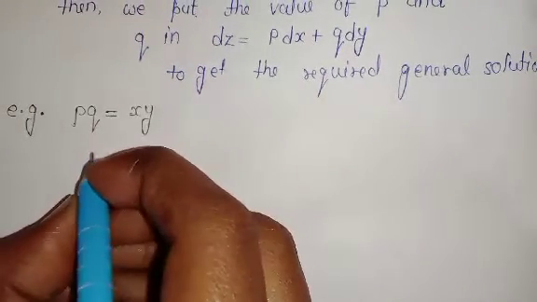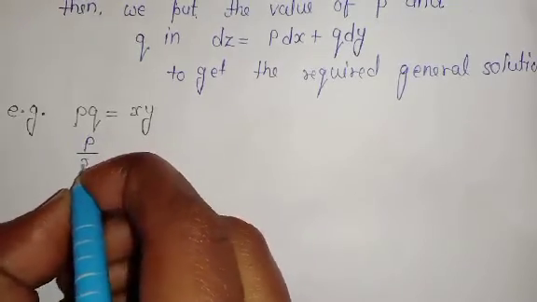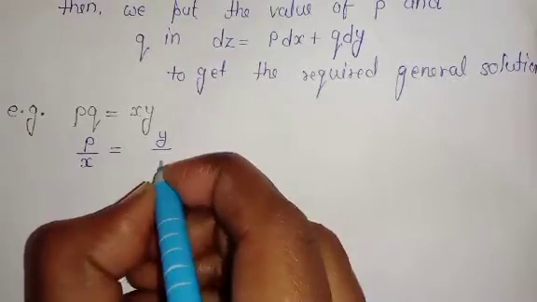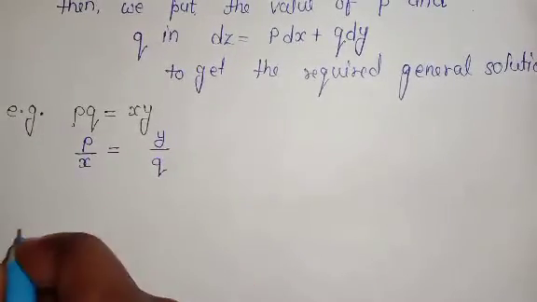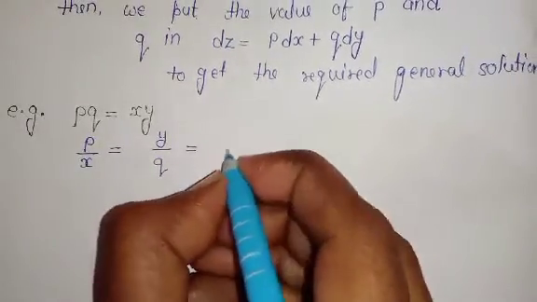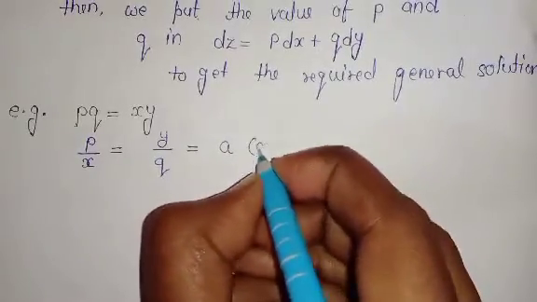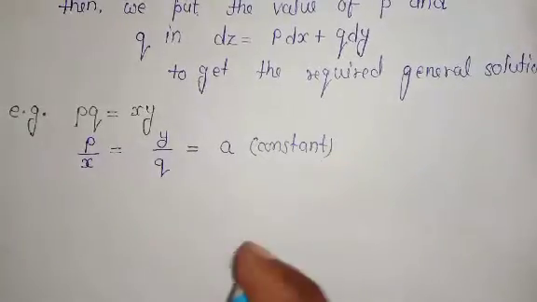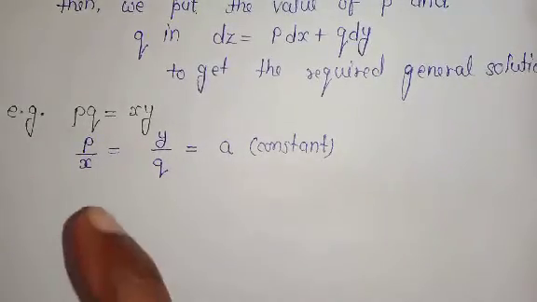So firstly we take p by x at one side, and y by q at the other side. We can write this equation in this form, and then we equate it to some constant a, where a is some constant. I am doing nothing, I am just applying the given standard form over this question.